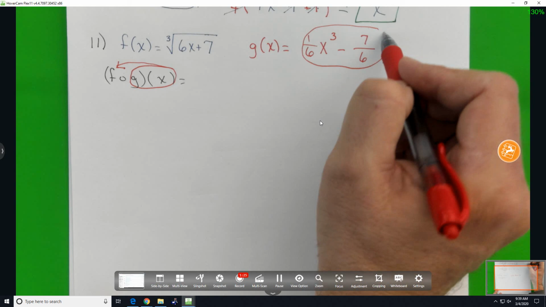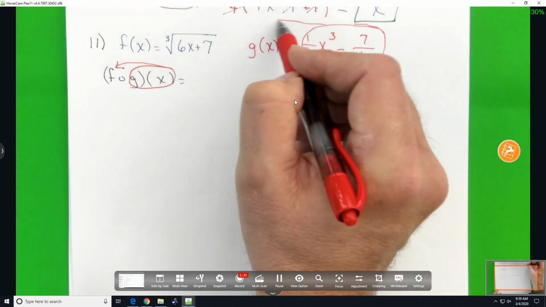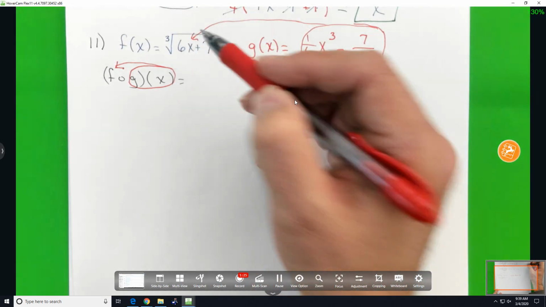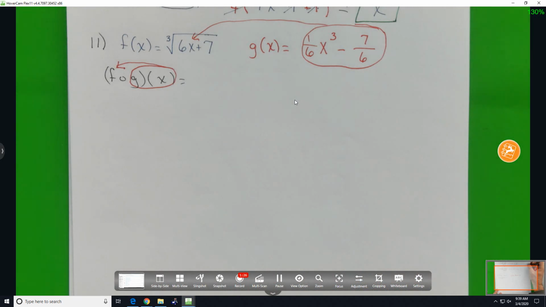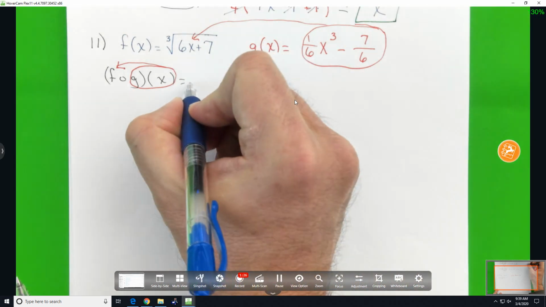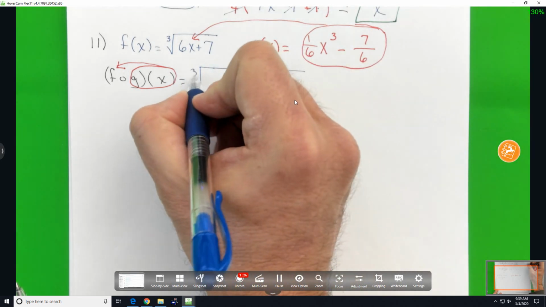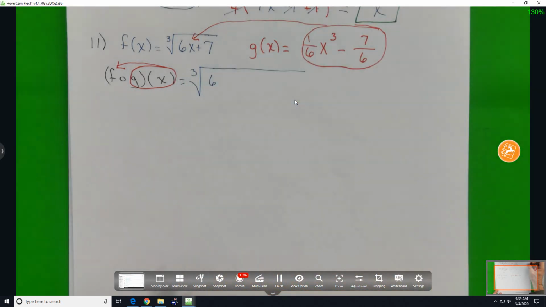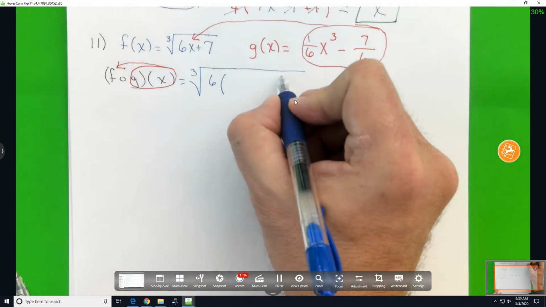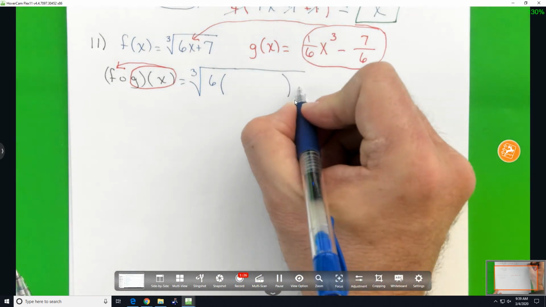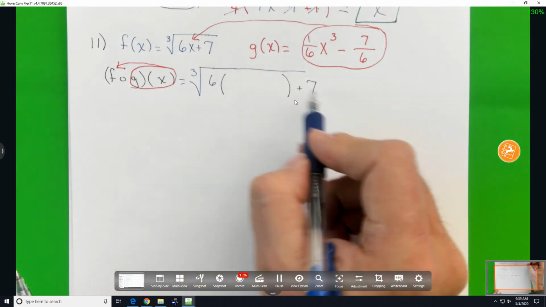Ooh, it's going to be messy. Into that. So in place of that blue x, it's going to be big. In place of that blue x, I'm going to have all of this red stuff, and I still have that blue plus 7.